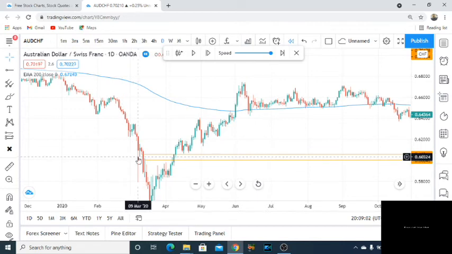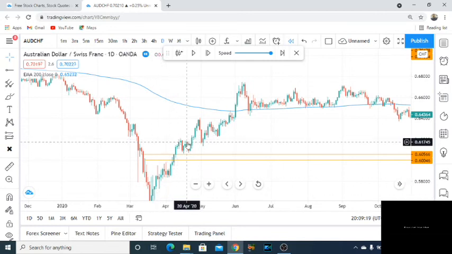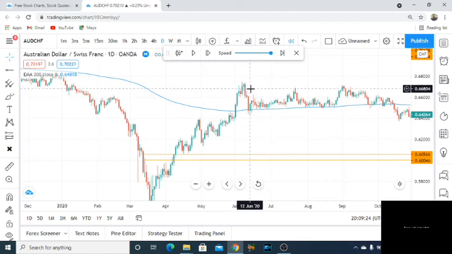Now the imbalance that we're left with is this area, which is very small, but the market likes to come back and fill even a small imbalance area. We'll see what has happened. The market came back, filled the imbalance area, and went all the way up.